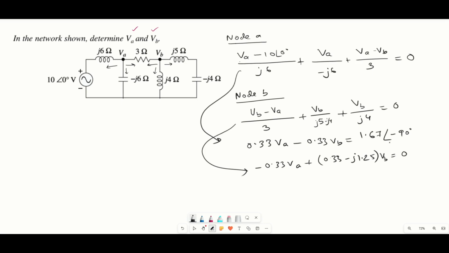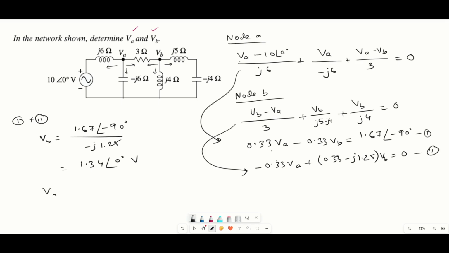If we add these two equations, let us consider 1 and 2, then VA will get cancelled, and the remaining will be VB. By adding these two terms, we have VB as 1.67 angle minus 90 degree divided by J1.25. After solving this, we get VB as 1.34 angle 0 degree. So this is the value of VB.